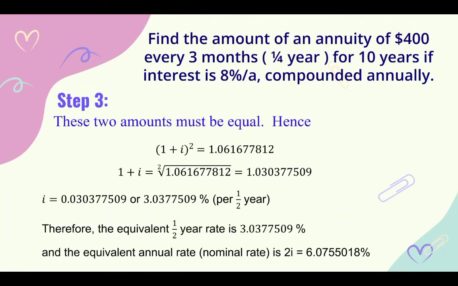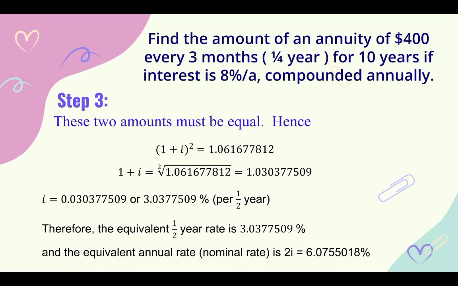These two amounts must be equal, so we equate them. 1 plus i raised to 2 is equal to 1.061677812. 1 plus i is equal to the square root of 1.061677812, and the square root of that number is 1.030377509.